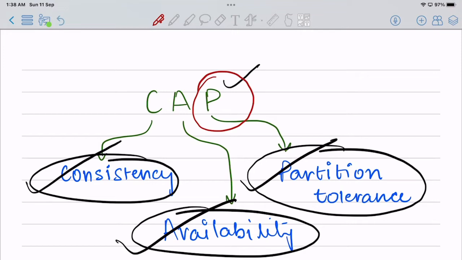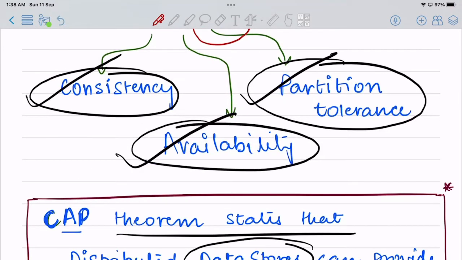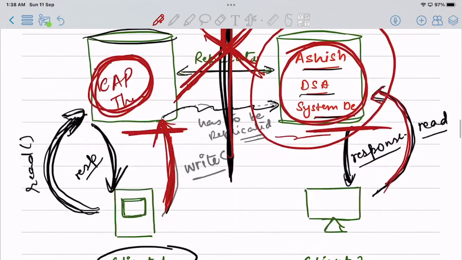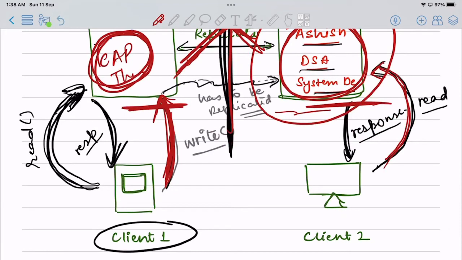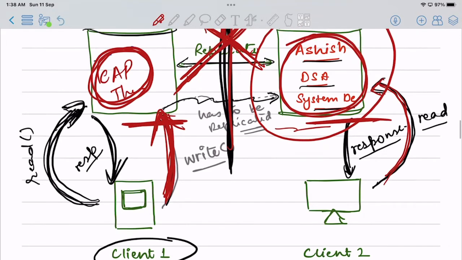Remember this. Now you have to choose between C and A, that is consistency and availability. As I explained a minute back, in case of network failure, if you are choosing that your system should be highly available, like it is writing even after the network failure, it will not be consistent, right?